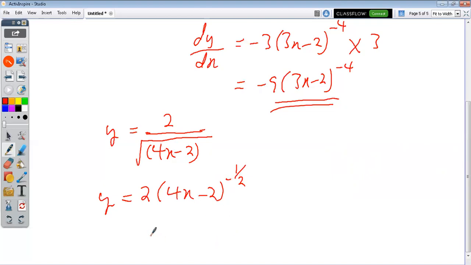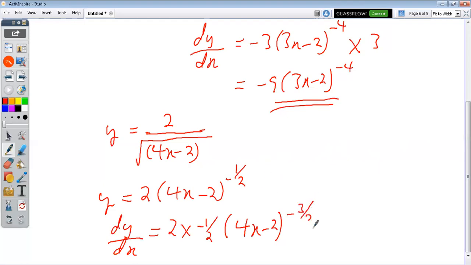So now, dy over dx is equal to 2 multiplied by this, the power is minus half, multiplied by what's in the brackets, 4x minus 2, to the power of minus half subtract 1, which becomes minus 3 over 2, multiplied by the differential of what's inside the bracket, which is 4.